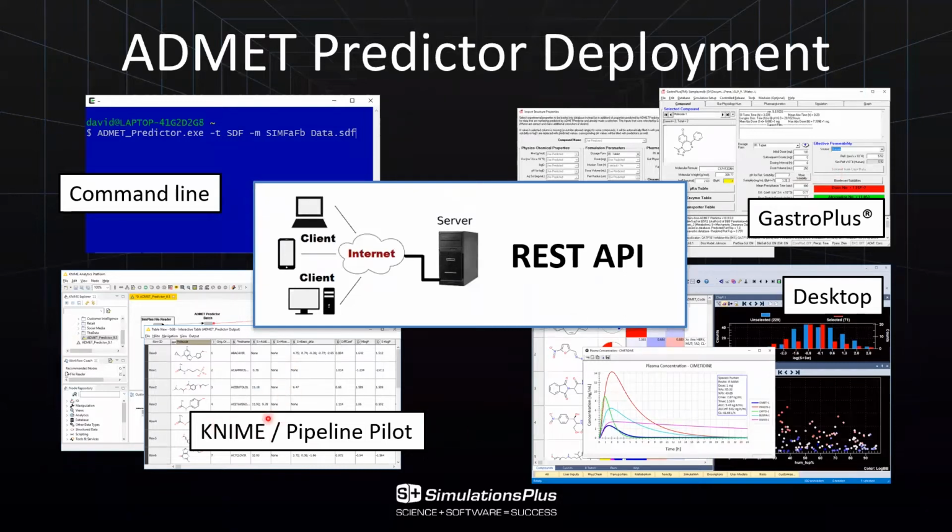We have both KNIME and Pipeline Pilot components. There's the interactive graphical desktop version that runs on Windows. And we recently introduced a REST API where predictions run on a dedicated server. And that makes it easier to integrate ADMET Predictor functionality into third-party software.